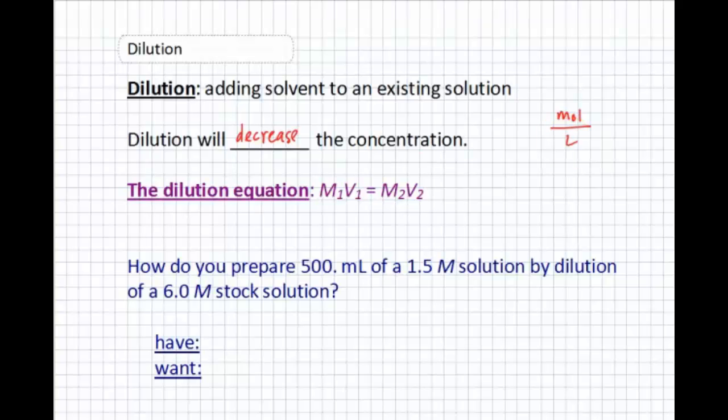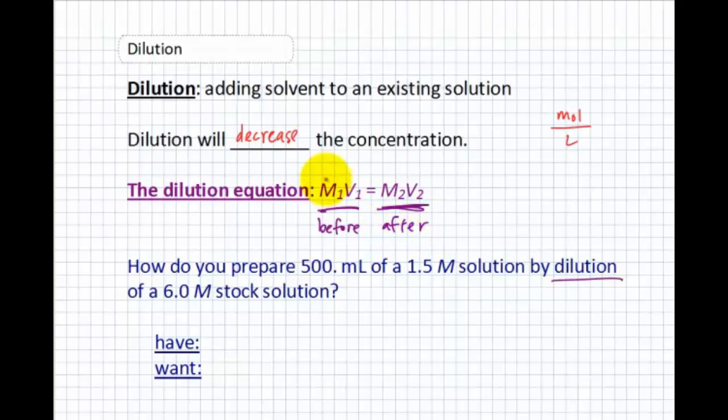And anytime a dilution is happening, by being aware of seeing that word in a problem, dilution, or if your problem is ever just talking about adding water to an existing solution to change its concentration, you have to use the dilution equation. The ones here are what you had before the dilution, and the twos are what you get after.